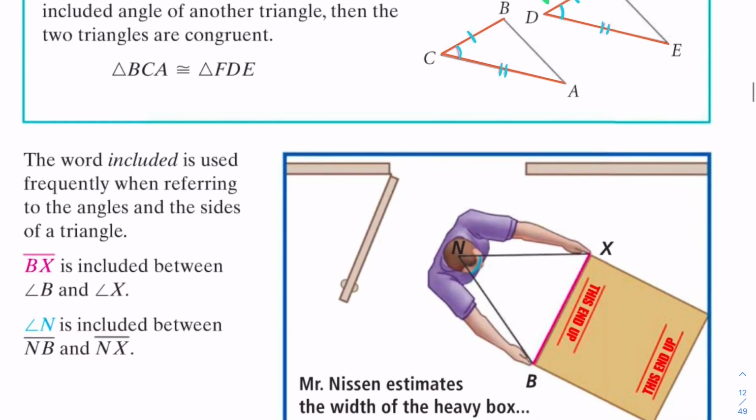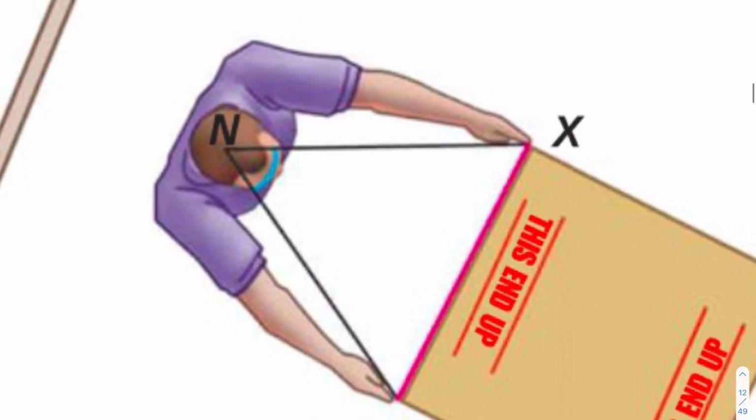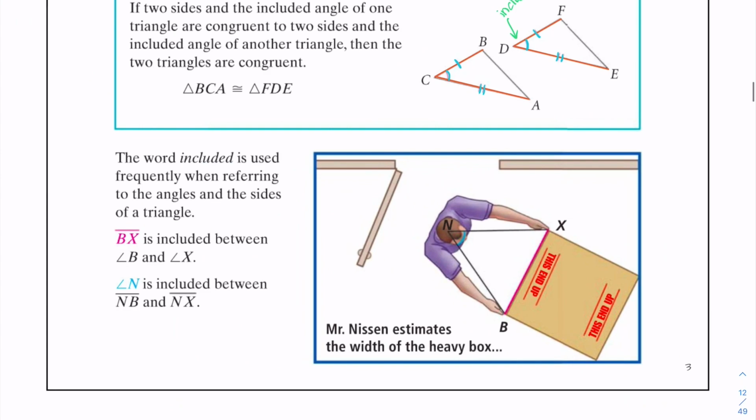Okay, so the word included is used frequently when we're referencing the angles and the sides of a triangle. We could have an included angle here, like angle N, that's stuck between sides NX and NB, or we could have a side that's included between 2 angles. So for instance, angle X and angle B, the side in between is XB. You notice that they repeat the same letters for the word included.